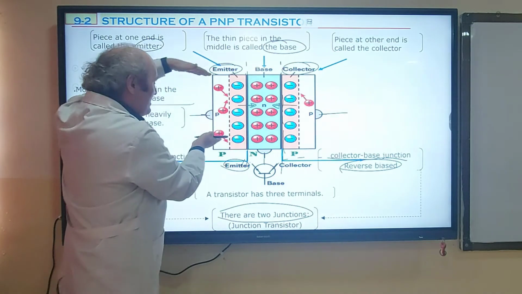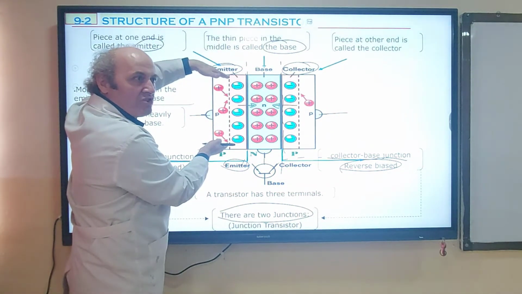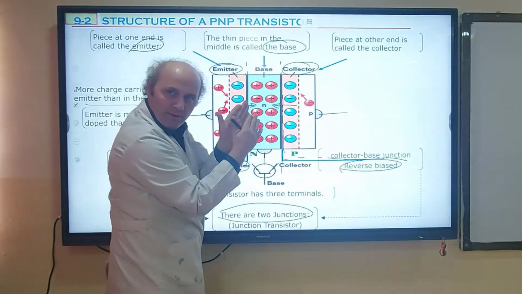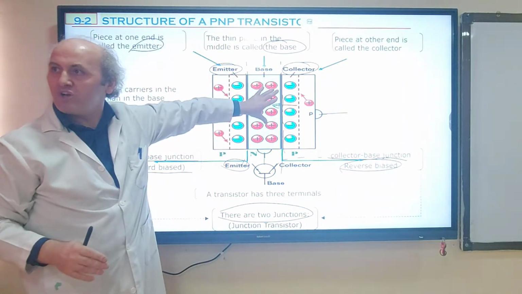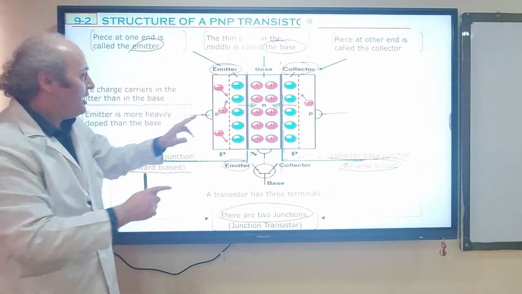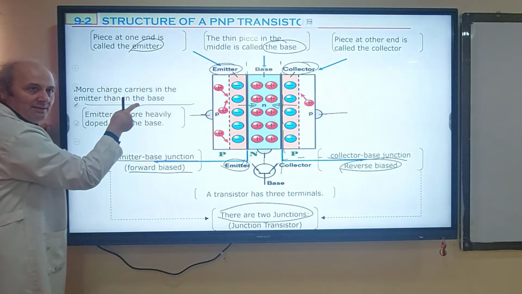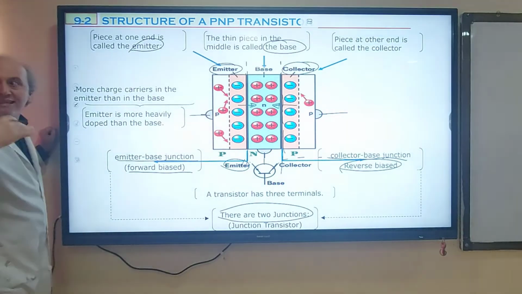Wider in size means there is a greater number of mobile charge carriers, holes. But the base is very thin. Thin means a smaller number of mobile charge carriers, electrons, in the base. That's why there are more charge carriers in the emitter than in the base.